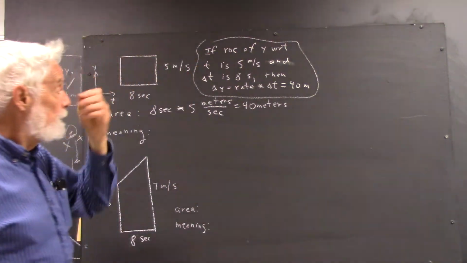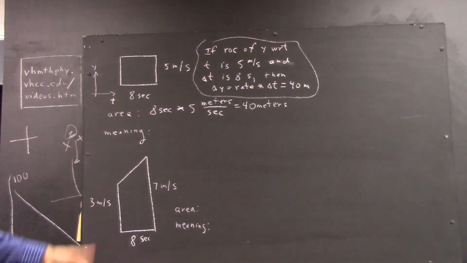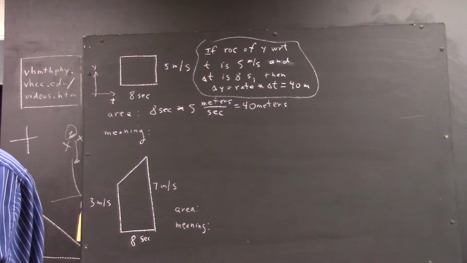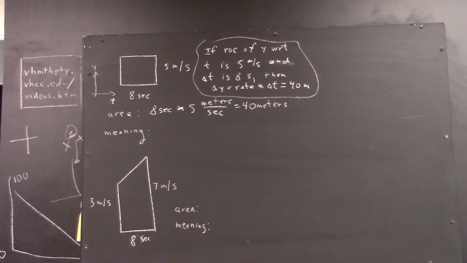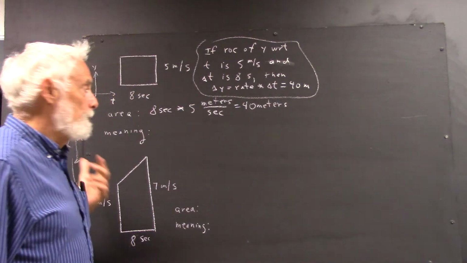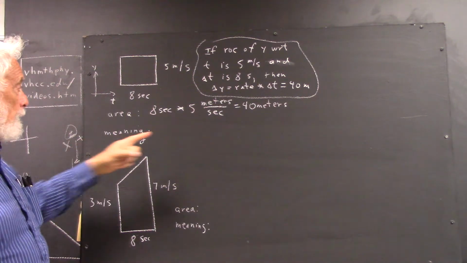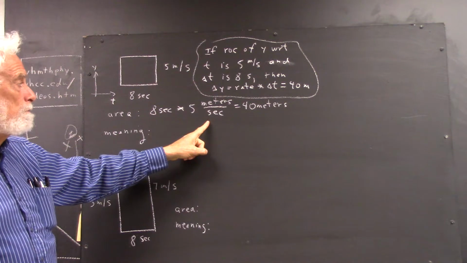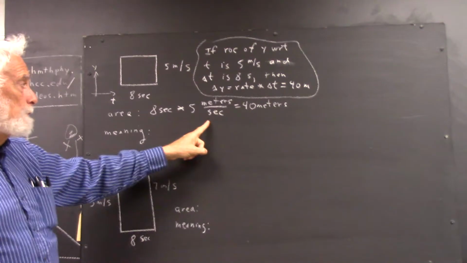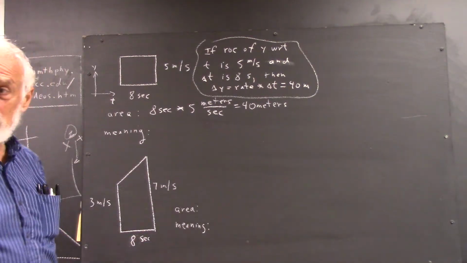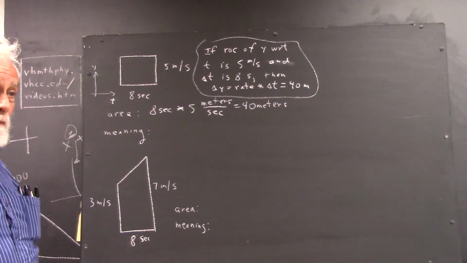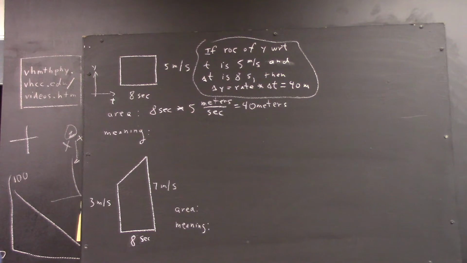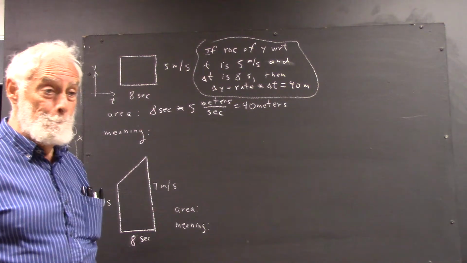I can probably still run 5 meters per second on a day when my hip isn't bothering me, but I'm pretty decrepit. So maybe not. So 5 meters per second is for a typical person who's running. You're not just jogging, you're running, but it's not your maximum speed.